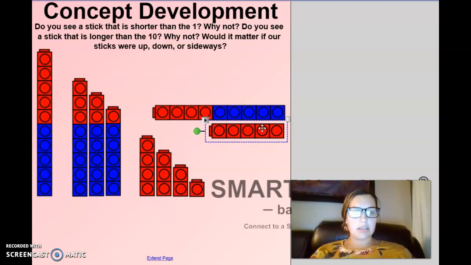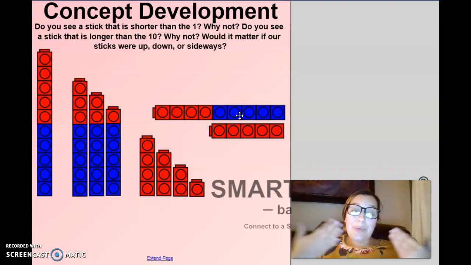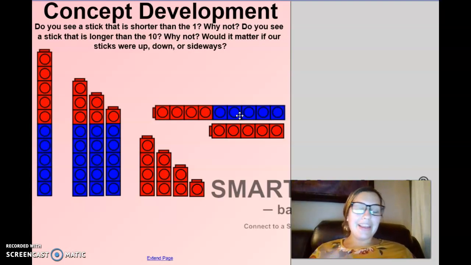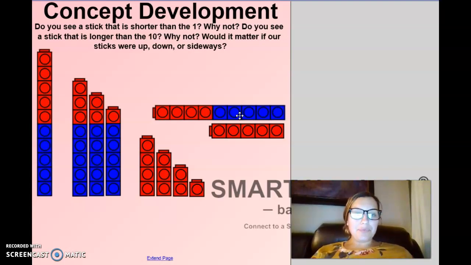I turned it sideways. Is our 5 stick still shorter than our 9 stick? Is this stick still shorter than this? Yeah, we can't change the length of something unless we break it apart in some way. And that would affect our what? Accuracy, right? We don't want to do that.